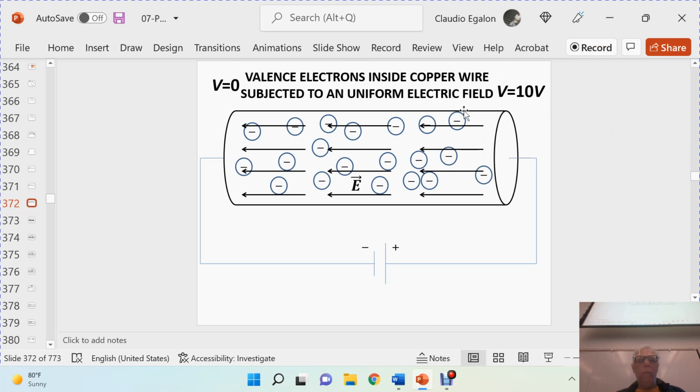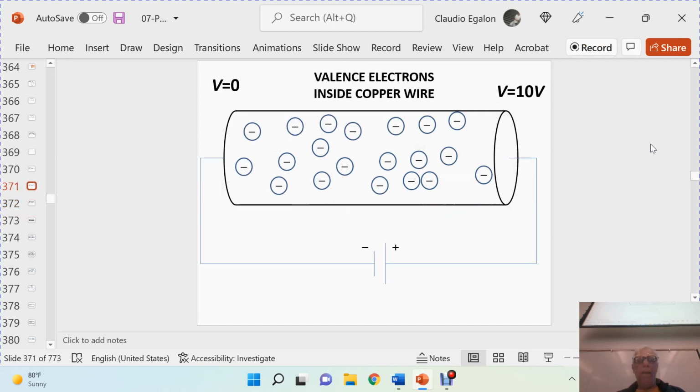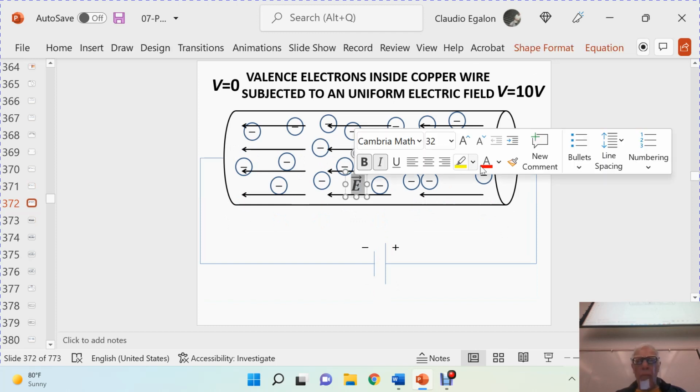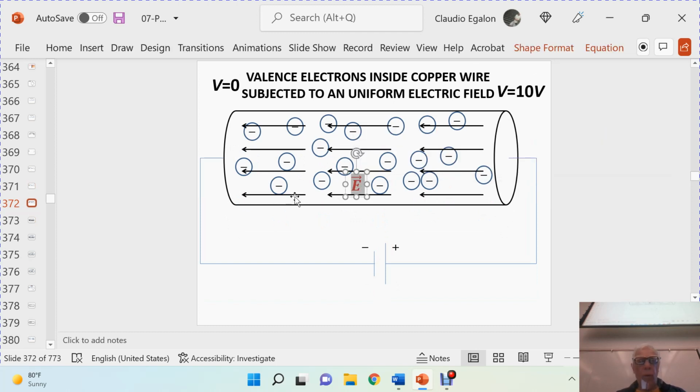In general, it's a uniform electric field that we have inside your wire powering your electrons. Here you go. Valence electrons. When you connect the battery, you have this electric field here. And I'm going to even change the color here to make it more obvious. Right? Here, I'm going to put red here. And the electric field is going to be red as well.